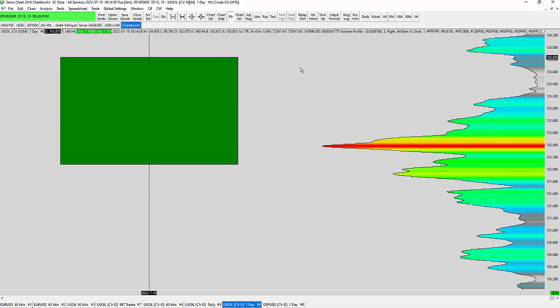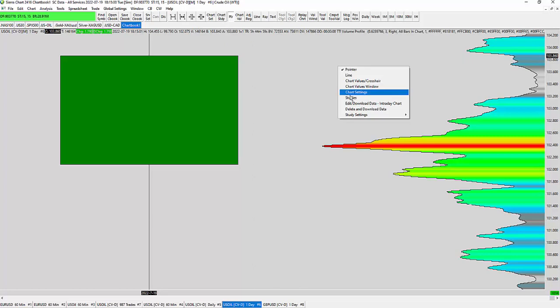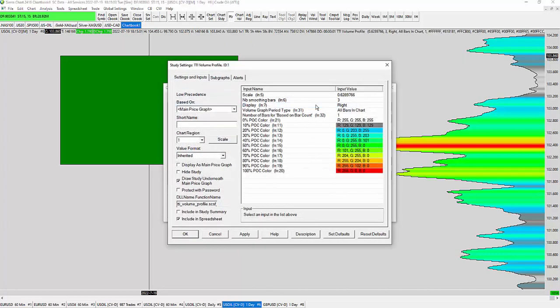And the volume profile, of course, you could just right click and go to studies and change it. You can change this into different colors of your choice, up to you. I like it the way it is, right? But it is very dynamic.